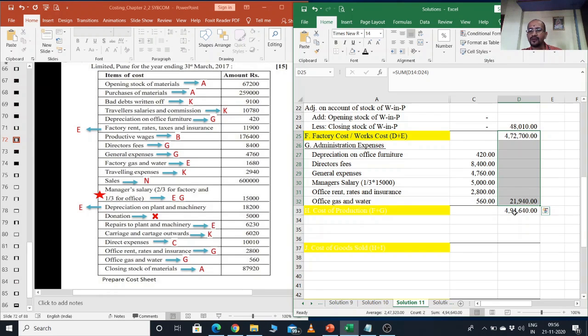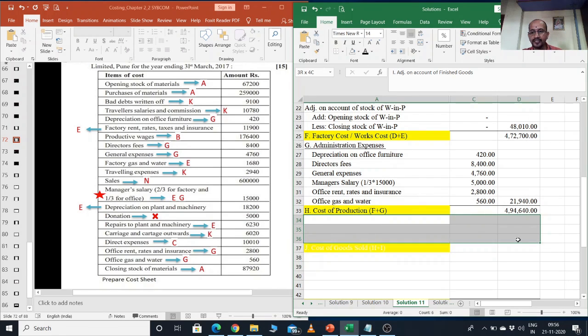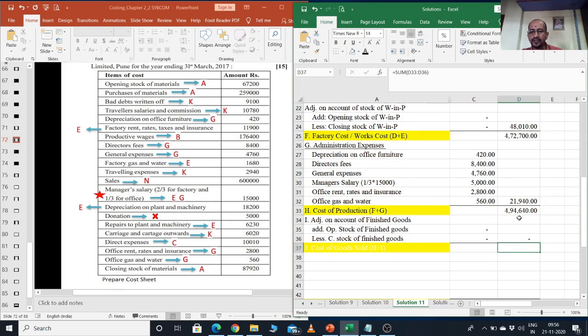It is 4,94,640. This is your cost of production. We need to do the adjustment, but here there is no adjustment, so just write it and keep it blank. Do the total. It is again the same, 4,94,640. So this is our cost of goods sold.